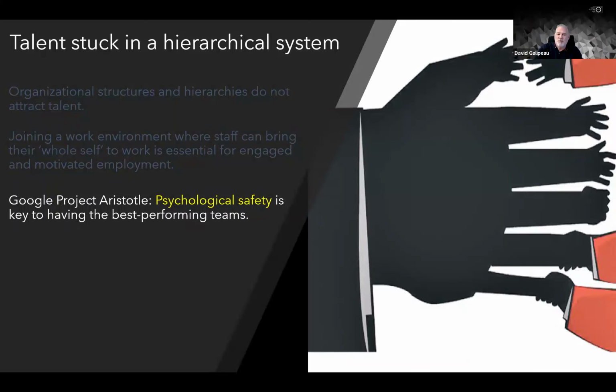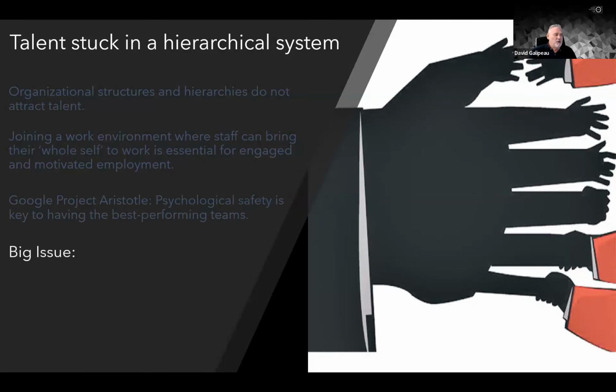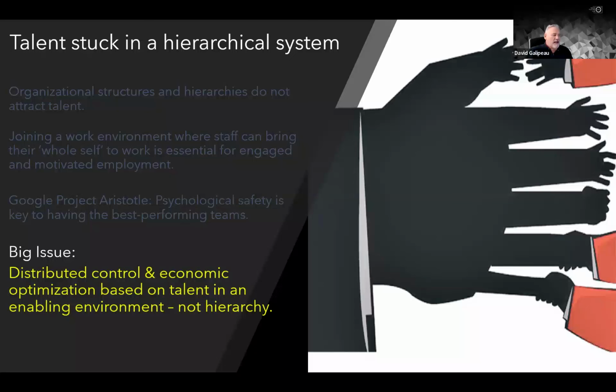How do you increase the productivity of humans? How do you introduce technology as a complement to human labor, human knowledge? Not a replacement, a complement. And how do you bring this in? Again, distributed, controlled economic optimization based on talent, an enabling environment, not hierarchy. So how do we shift from that?